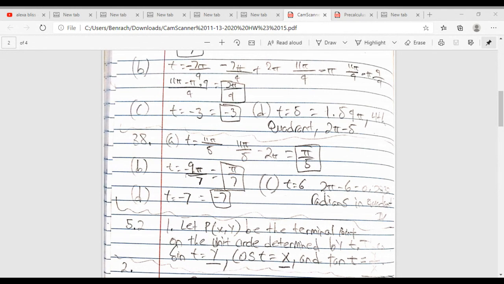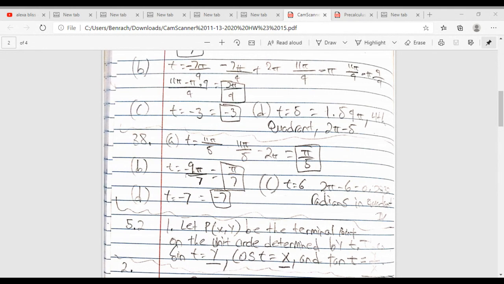B, I kind of guessed. I wasn't sure about that one. Okay, that's a negative 9 pi over 7, right? Yes. So for a negative angle we measure clockwise, so we would go down from the positive side of the x-axis. Right.